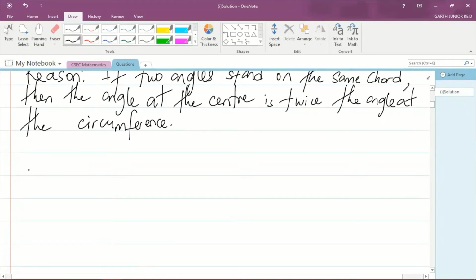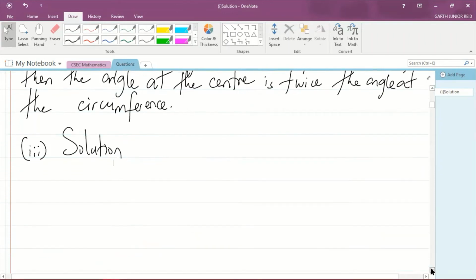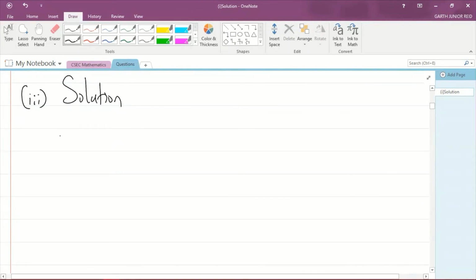This is now part 3, solution. Good. And we are saying that the 72 degrees plus Y plus the other Y is going to be equal to 180 degrees. Those are the interior angles of the triangle. 72 degrees, Y and Y are the interior angles of the triangle.